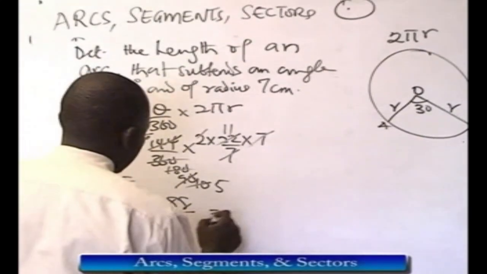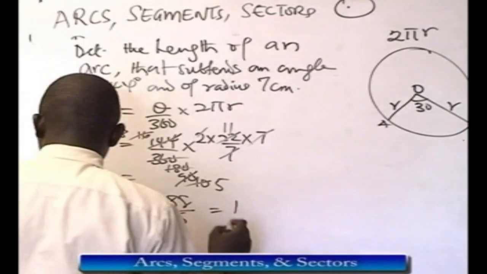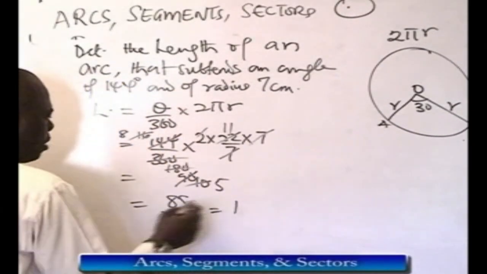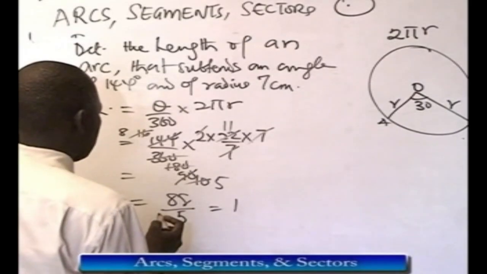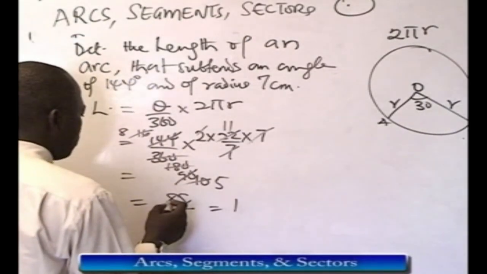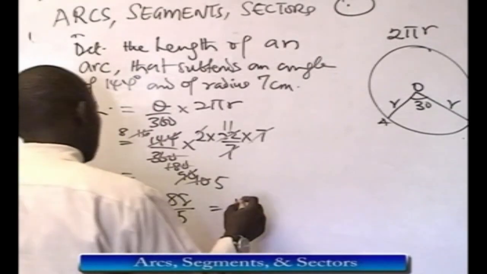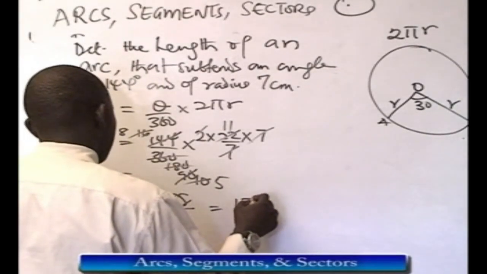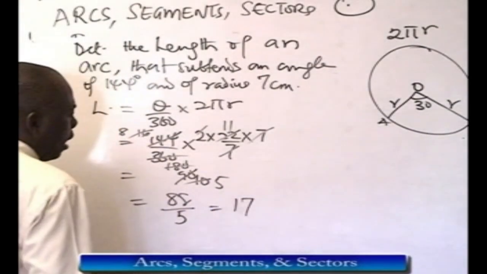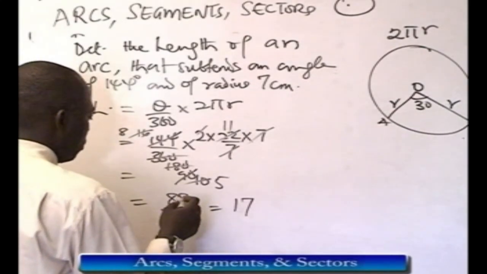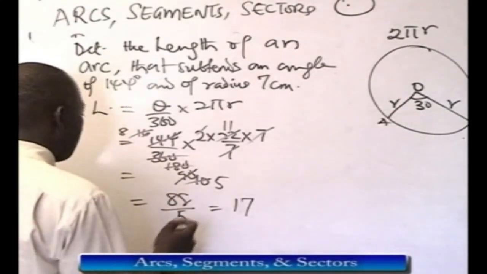5 in 8, 1, and you have 3 then in 38. It will go 7 times. And then finally, you will have 5 times 7, 35.